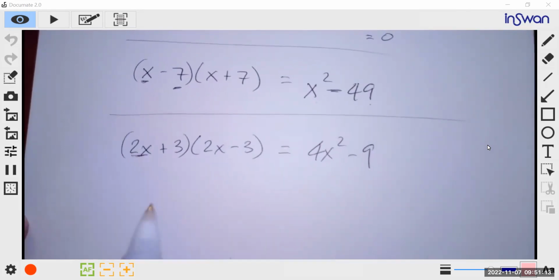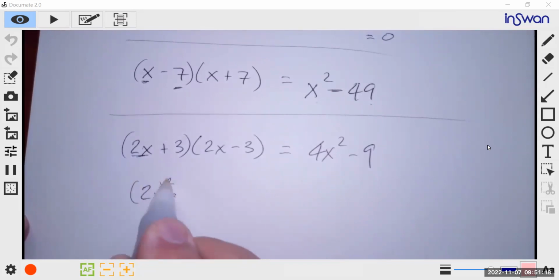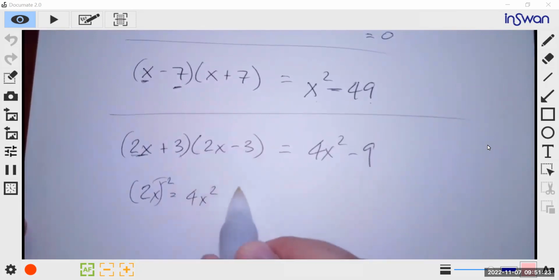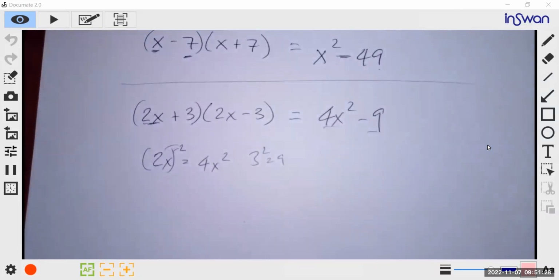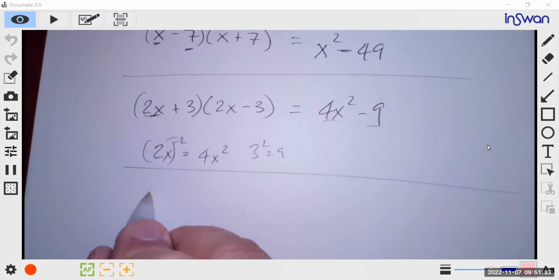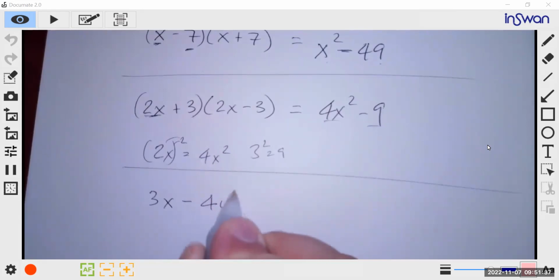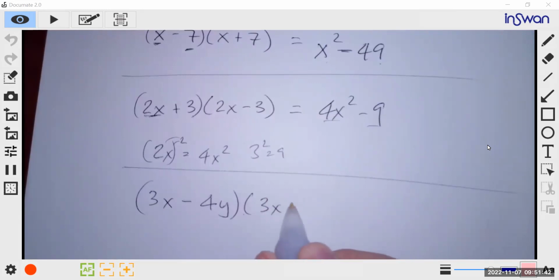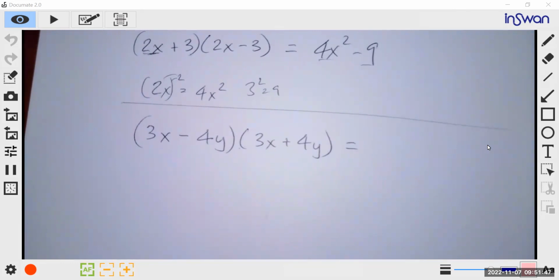Because what is 2x squared? 2x squared is 4x squared. 3 squared is 9, so we have 4x squared minus 9. How about this one?